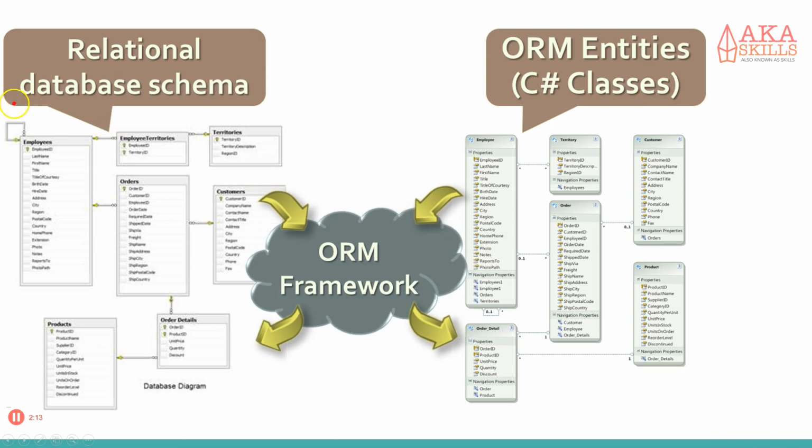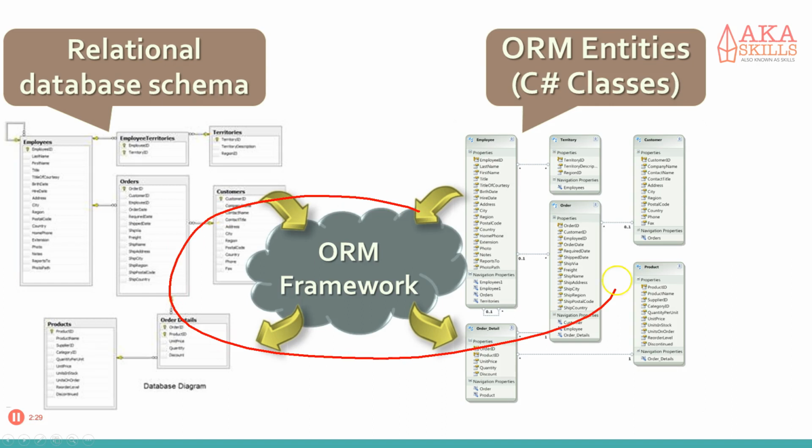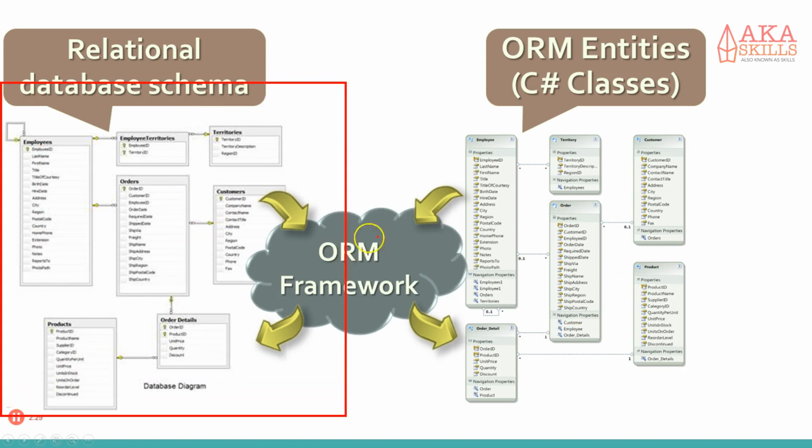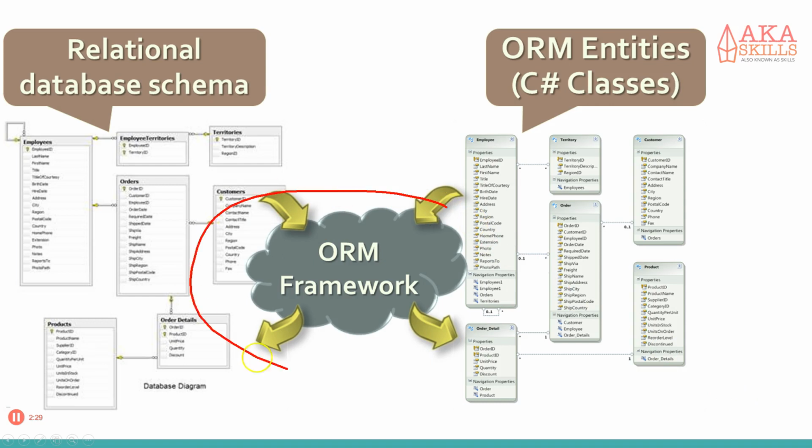Basically, what is it doing? We have the database schema, so these are database tables together with all constraints, all columns and settings. What ORM does is take these tables, do something on them, and convert them to C# classes. So that's why we use it. ORM technologies are used to convert database tables to C# classes.